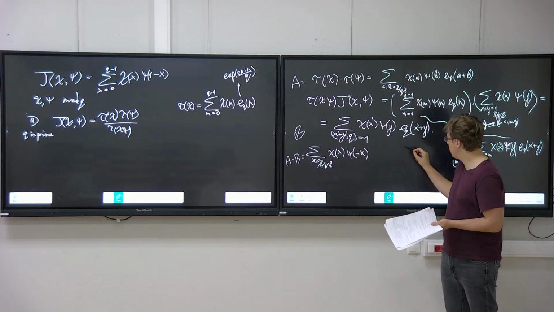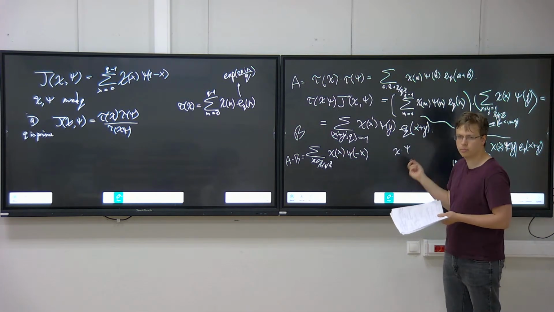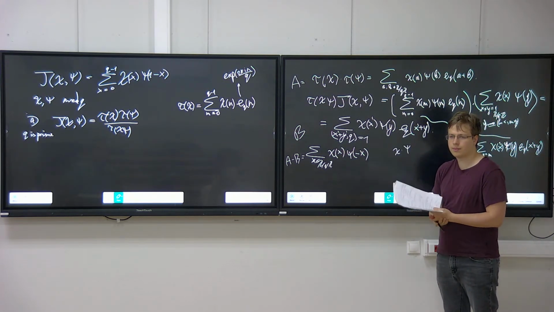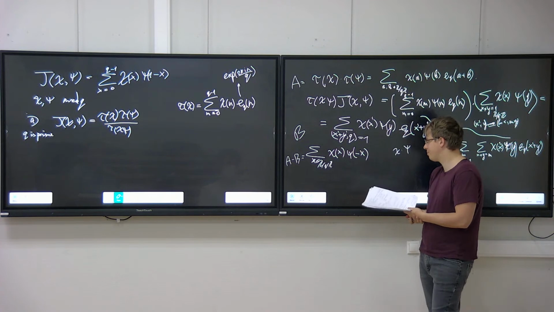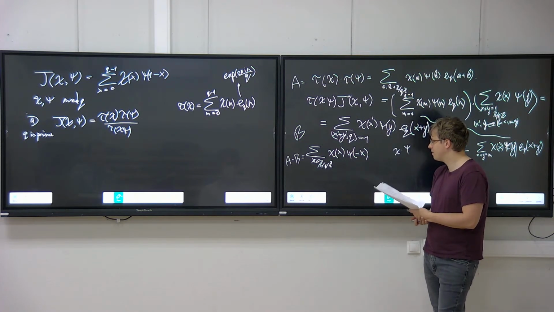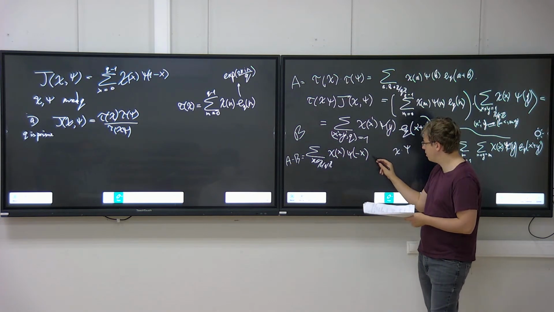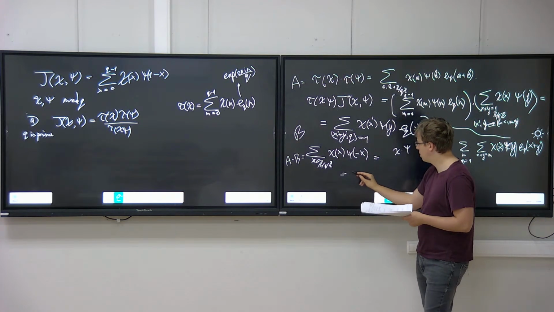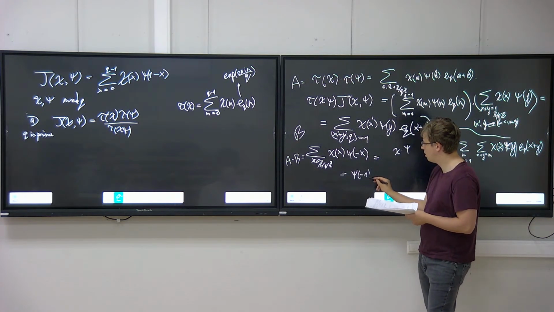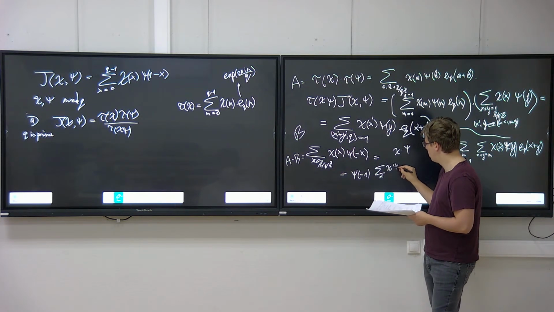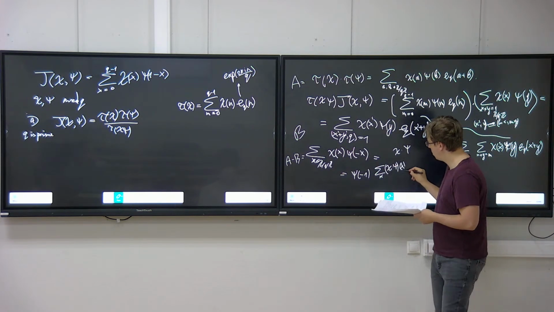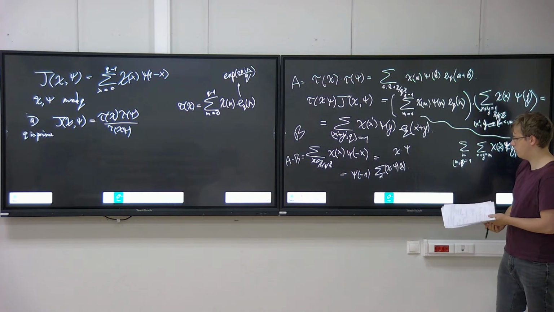And we know that chi psi is not principal. We can get minus 1 out of the sum, so we have some constant multiplied by the sum of a non-principal character.